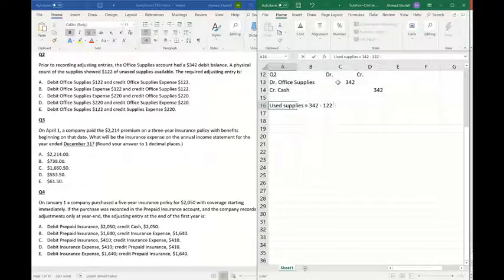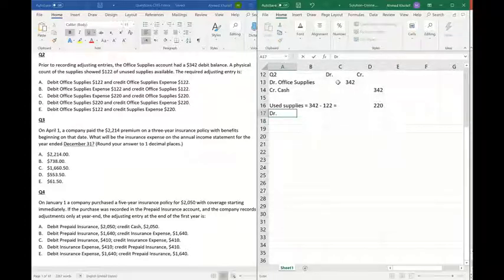The amount of supplies used is the difference between the supplies available at the beginning of the year and the supplies available at the end of the year, which gives us the amount used during the year: 342 take away 122, so it's 220, and we will make the adjusting entry with this amount.